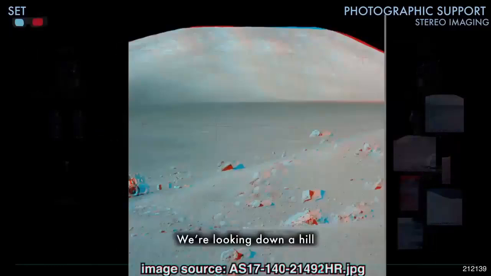Here we are looking down a hill, but we don't go very far before we lose our stereo.